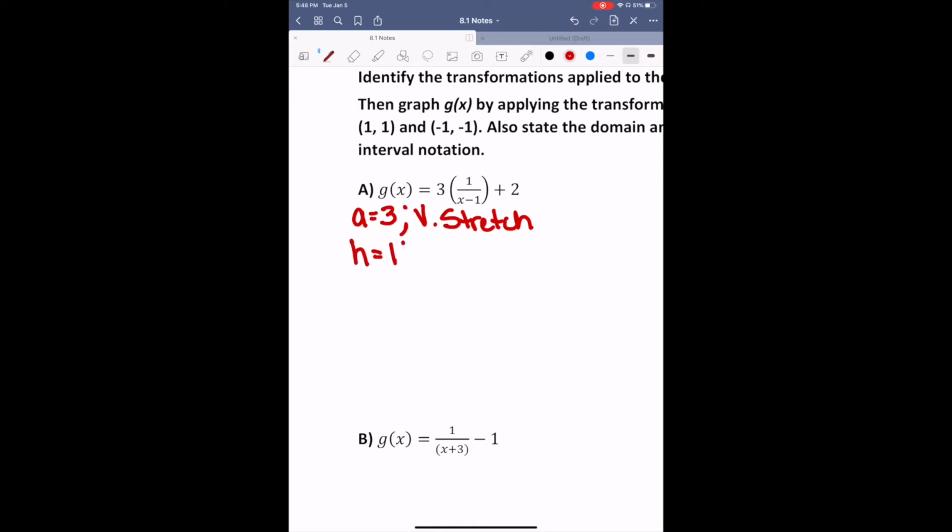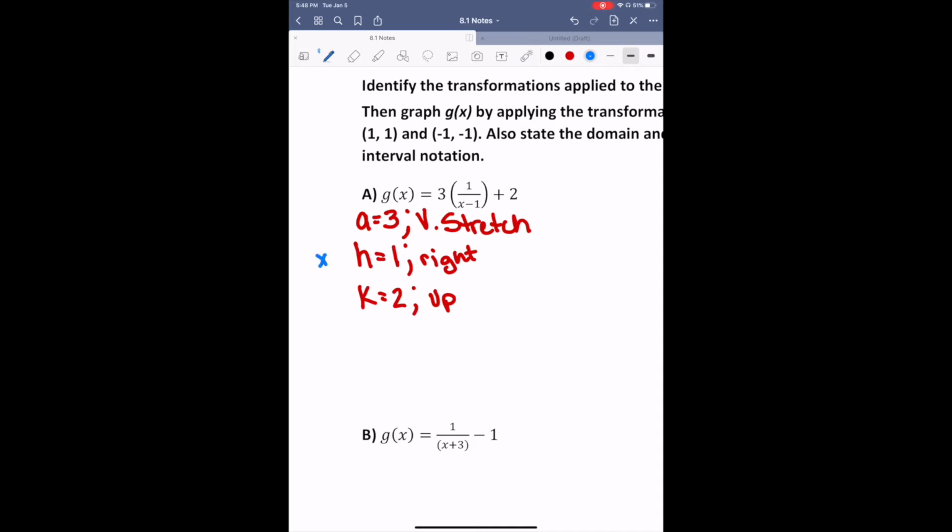H is 1, so that means it moved right. And then we have k, which is 2, so that means it moved up 2. Okay, now asymptotes. Remember, x equals h, y equals k. So we have a vertical asymptote at x equals 1, and we have a horizontal asymptote at y equals 2.